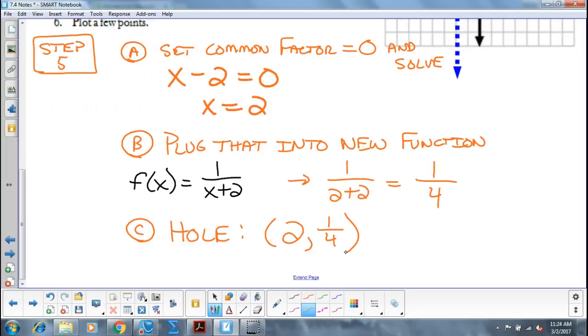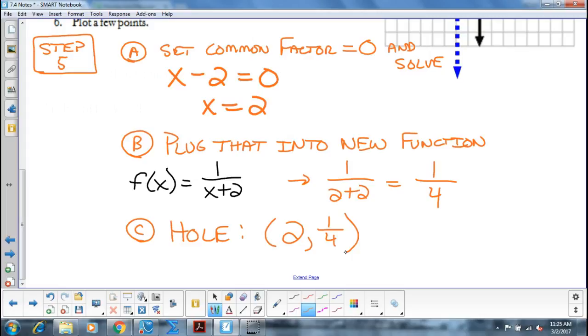If you'll notice at the bottom of that page, it says that this is known in the mathematical world as a removable discontinuity. The reason that it's called that is because we removed it from the problem by simplifying, but we still have to account for it on our function.